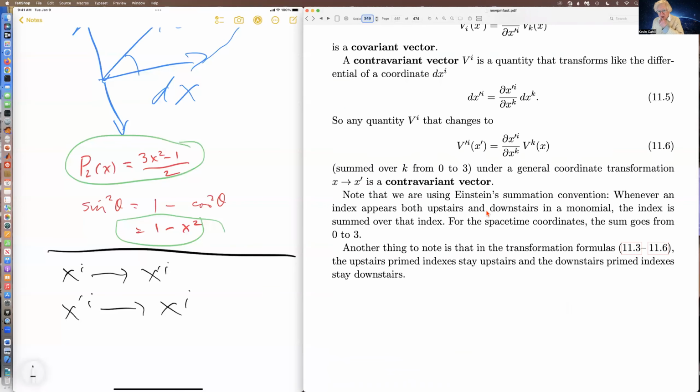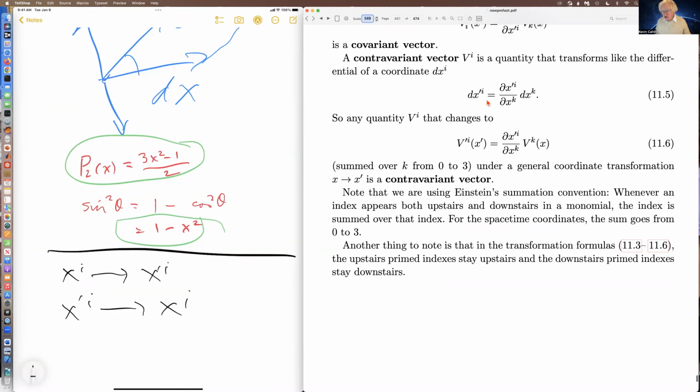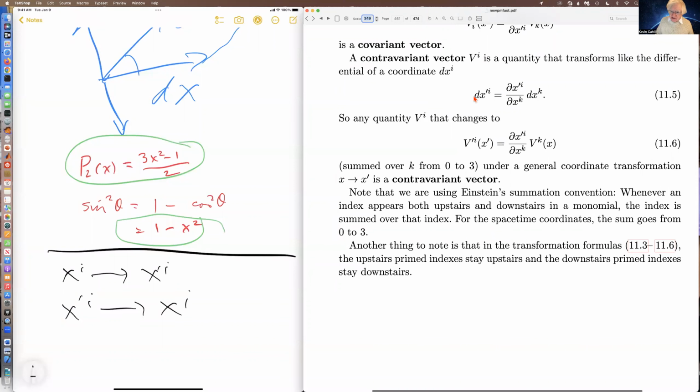And the coordinate differentials, dxi, define what a contravariant vector is. And in particular, the chain rule tells us that the relationship between the dx primes and the dx's is that dx prime i is the partial of x prime i with respect to xk times dxk.